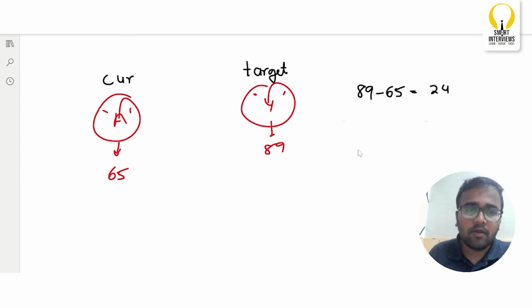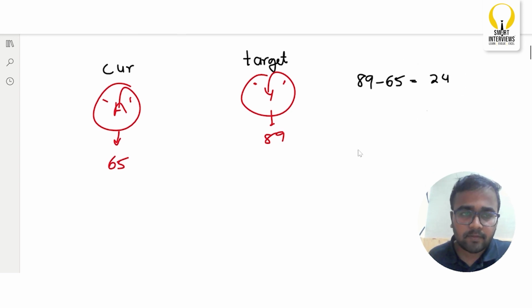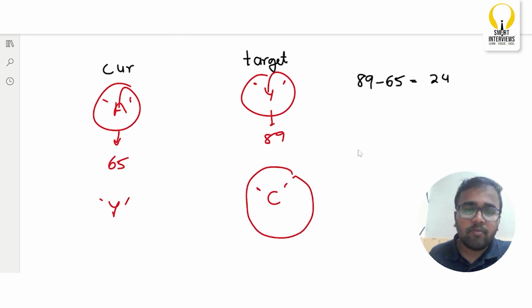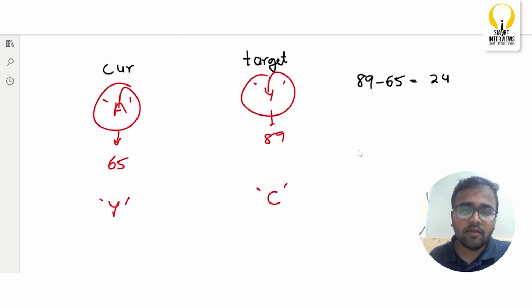Now moving to the next case, where the current character is Y and the target character is C. In this case, the target character is going to be before the current character. If you observe alphabetically, C comes before Y, right? So that's what I meant. Now what is the number of steps required to convert Y to C?